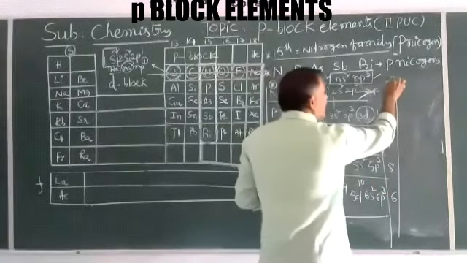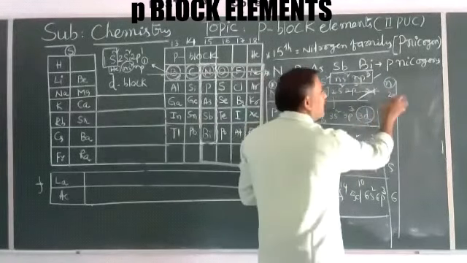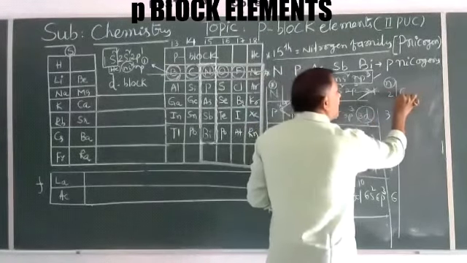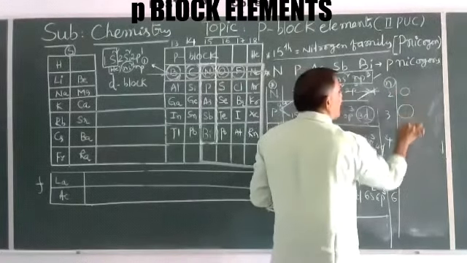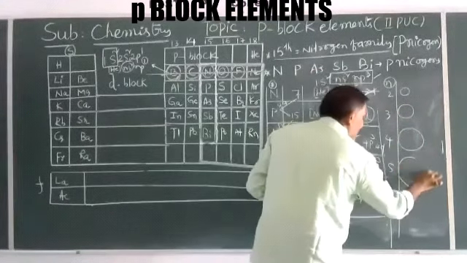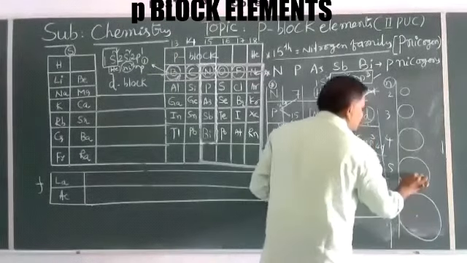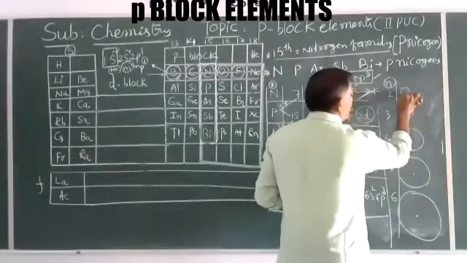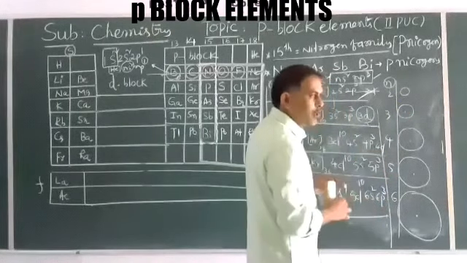Now from top to bottom, new main energy levels increase. Imagine, this is size: from top to bottom, as the number of new main energy levels increases, size increases. Observe here, no need to consider the number of 7 energy levels, only for understanding purposes.